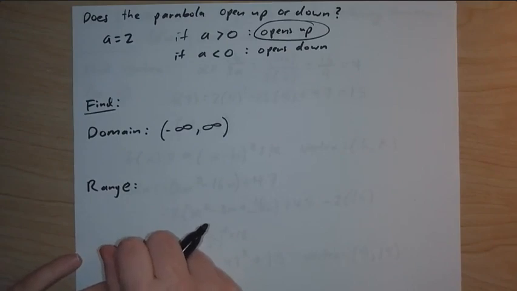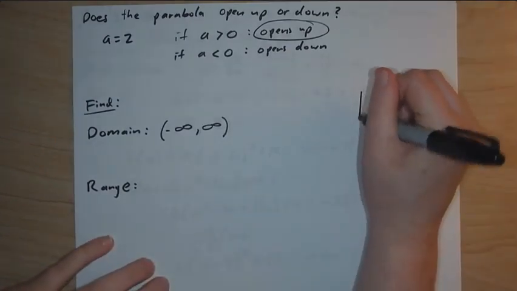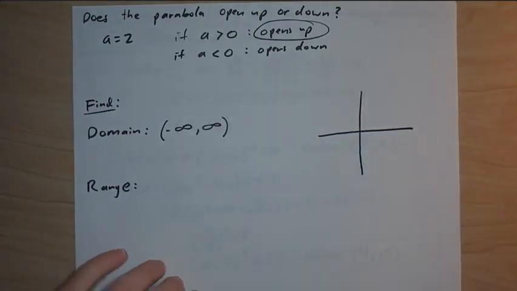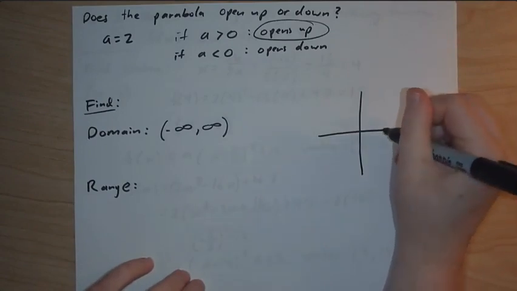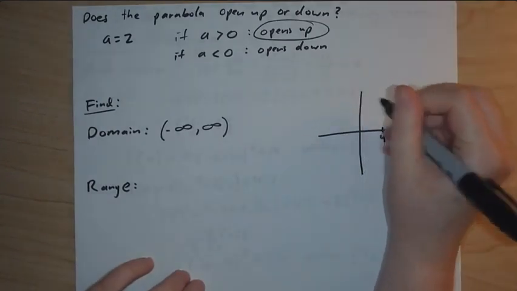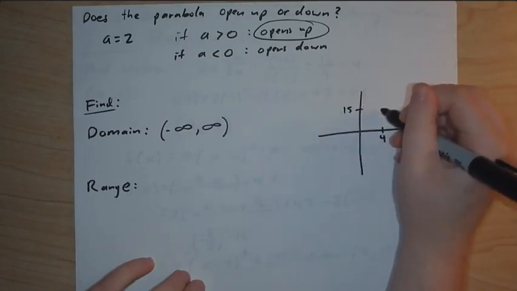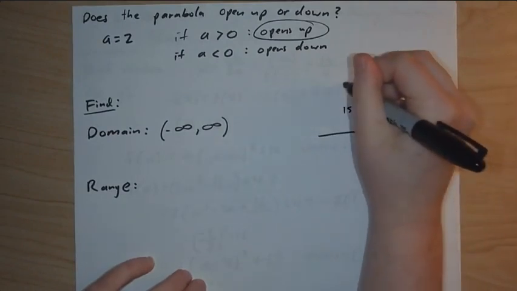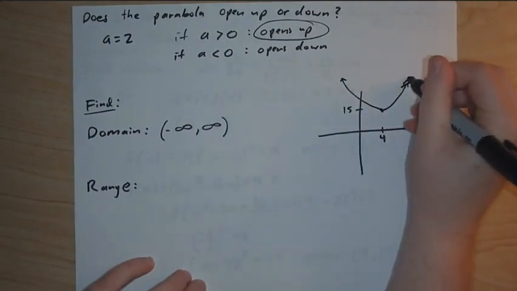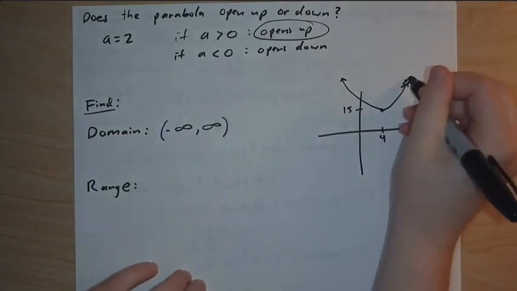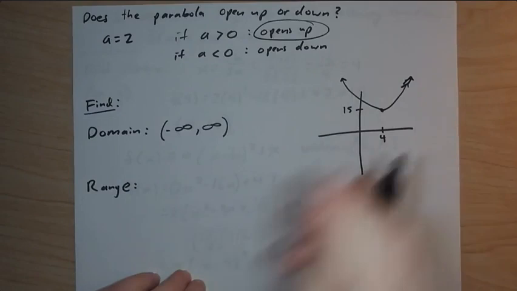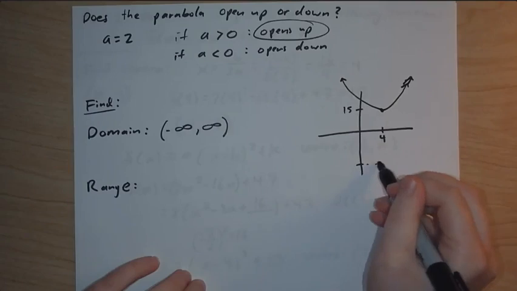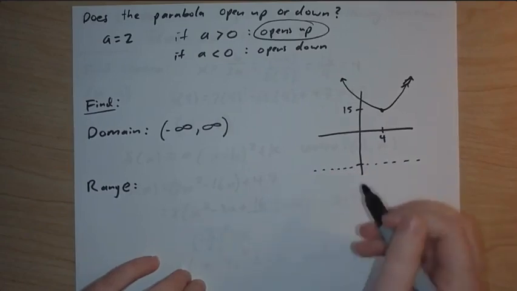For our range, I'm going to draw a little handy dandy graph here, just a quick sketch. We have our vertex at (4, 15). It's not quite to size, but let's pretend here's 4 and here's 15. We know that it opens up. I can't draw apparently. So our range is going to be whatever possible y values we have. If we have a y value down here and we go out looking for our function, we don't find it.